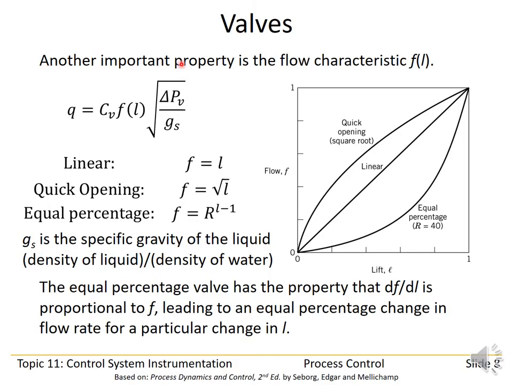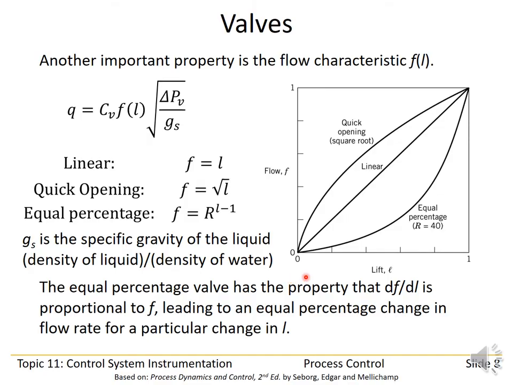Okay, control valves also have a property which is called the flow characteristic. The flow characteristic describes the relationship between the lift, that's the position of the valve stem, remember the schematic diagram we saw previously, and the flow through the valve.